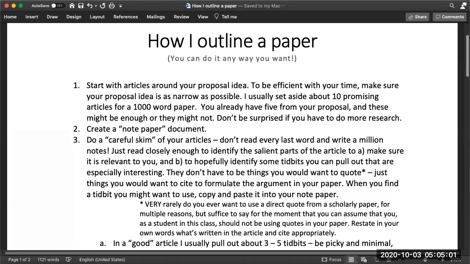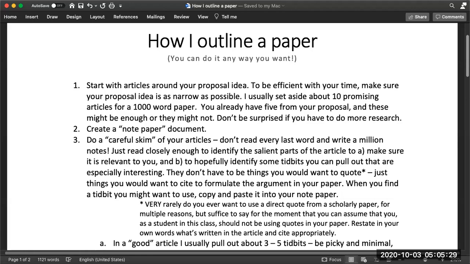Quotes are really for situations where the information cannot be restated into your own words, and that just is not going to happen in this context. So what you're pulling out and copying and pasting into your note document is not going to be something that you quote from. It's going to be something that you're going to cite appropriately and restate in your own words if you decide to use it.